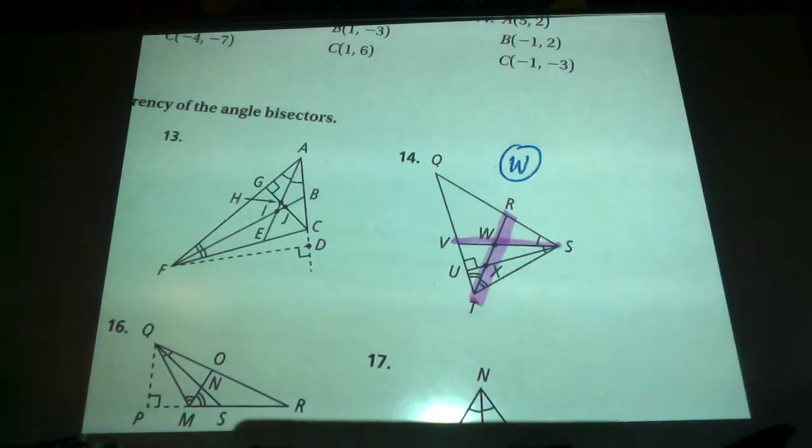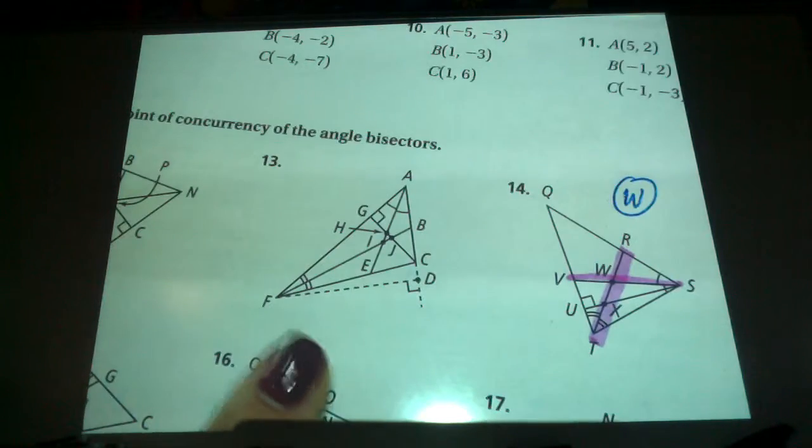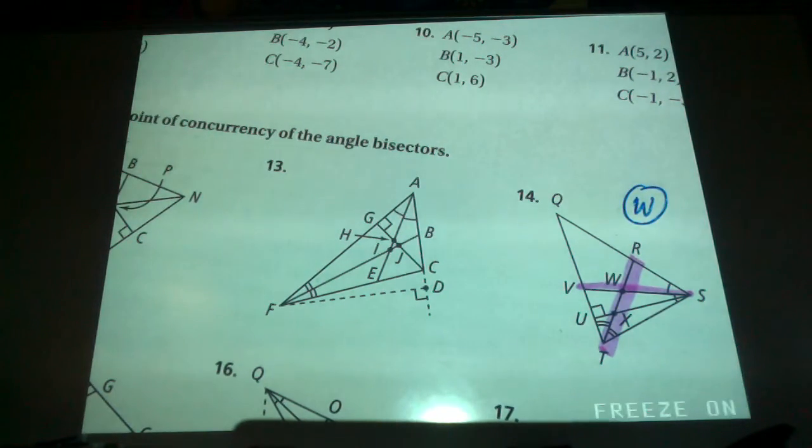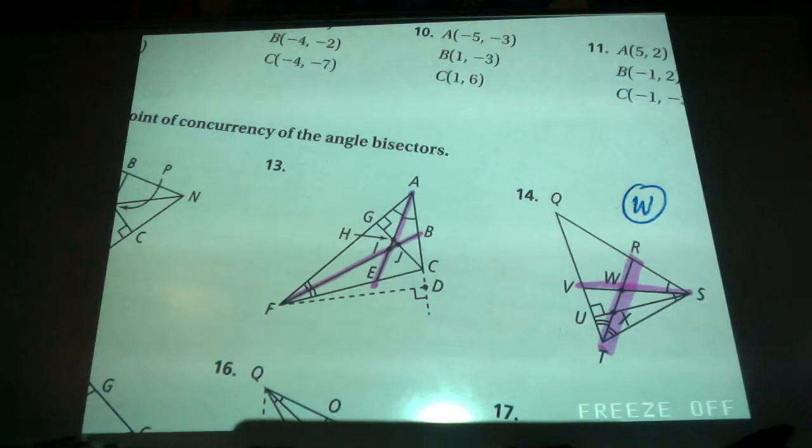So be careful when they have a whole bunch of lines in there. So you find the point of concurrency to 13. I use a highlighter. Just saying. Because what that highlighter does, it makes everything pop out at you.